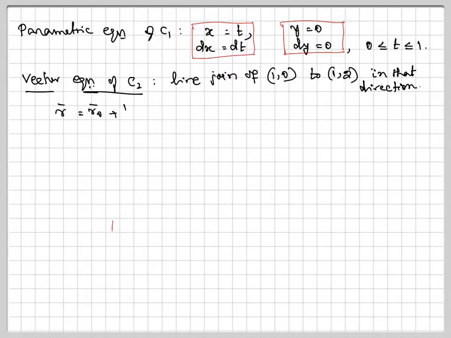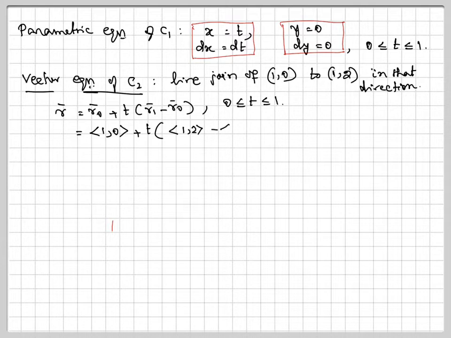So r equals r0 plus t times (r1 minus r0) for C2 gives us r0 as the position vector (1, 0) plus t times ((1, 2) minus (1, 0)), which is (1, 0) plus t times (0, 2).